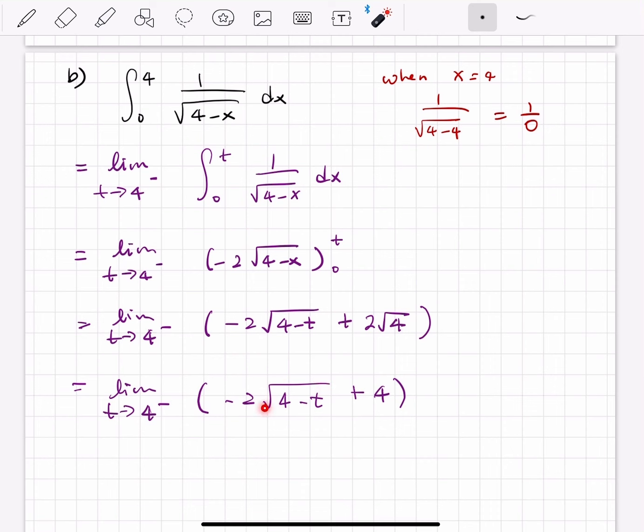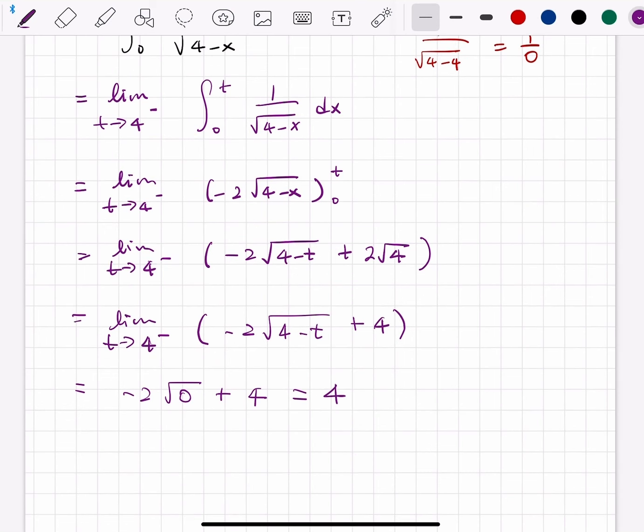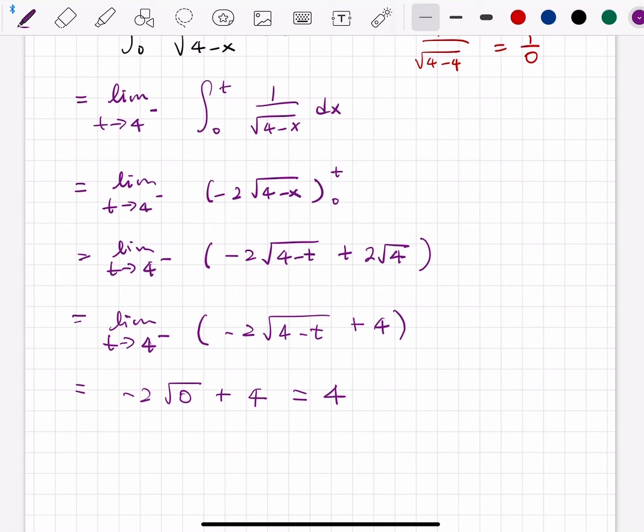Since here in square root of 4 minus t we do not have any denominators, we can just simply plug in t as 4. And we end up with negative 2 times 0 plus 4, which is just going to be 4. So we also know that this improper integral converges to 4.